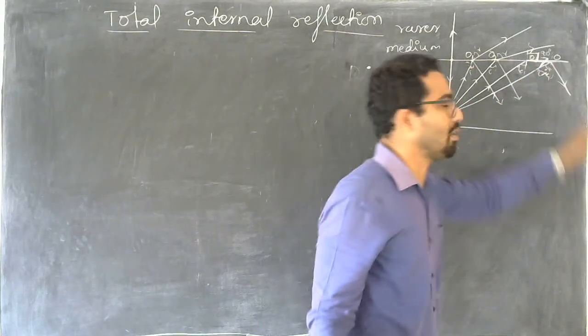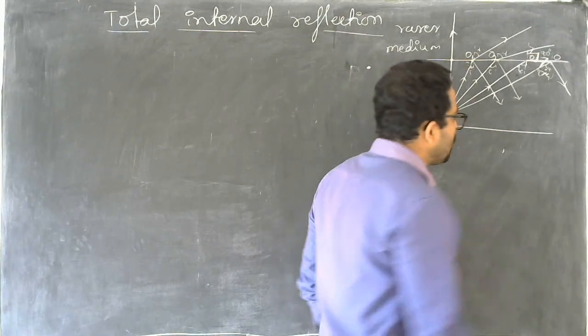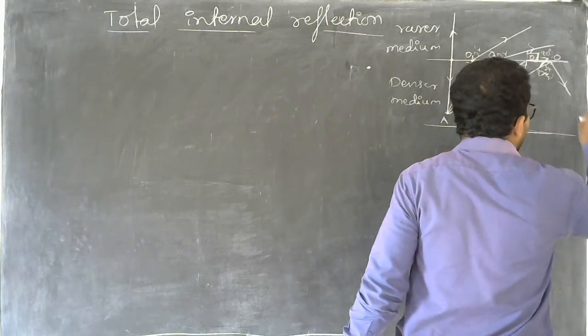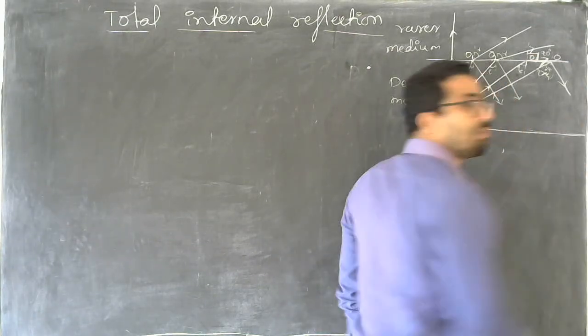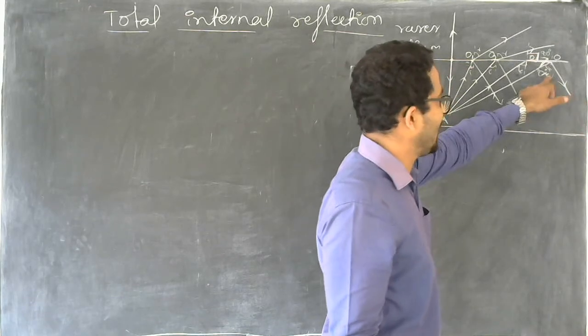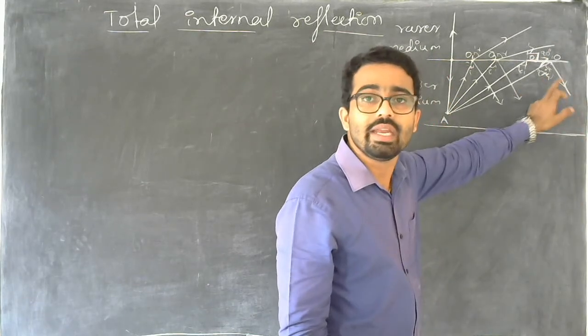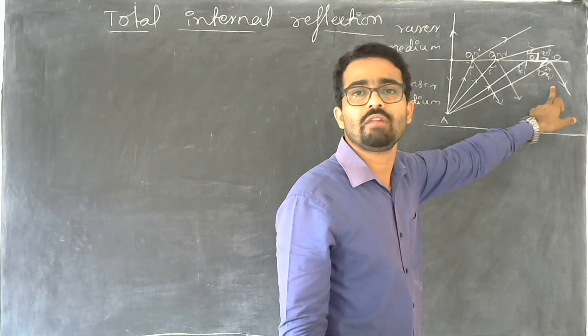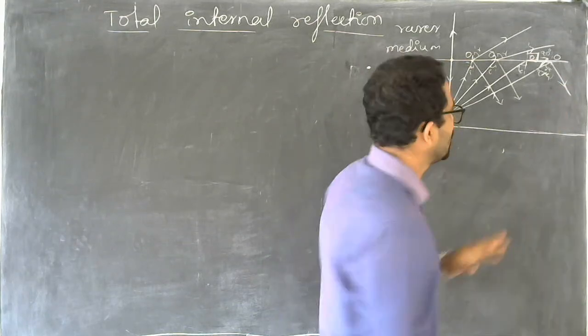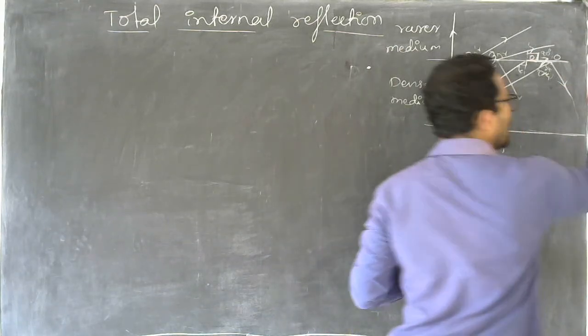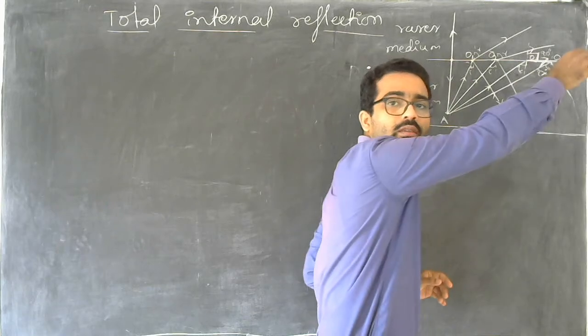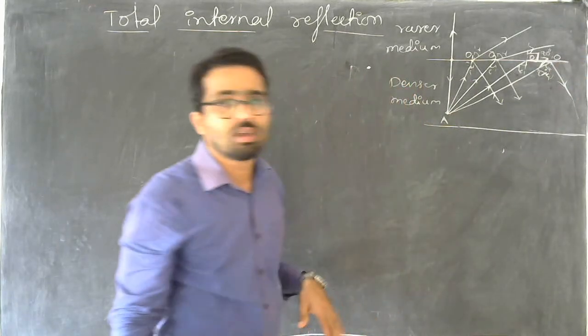See, internally it will reflect. For example, if this ray is again incident on this surface, and if the angle of incidence is greater than the critical angle, again it will undergo reflection.